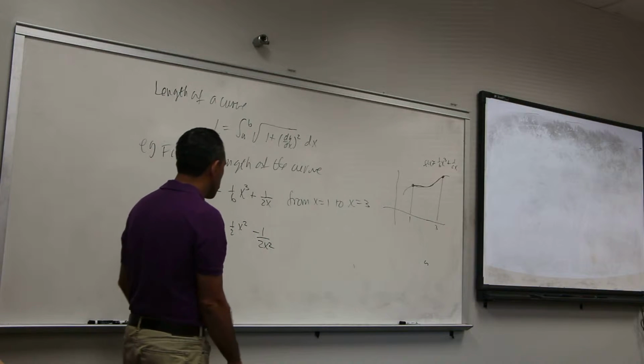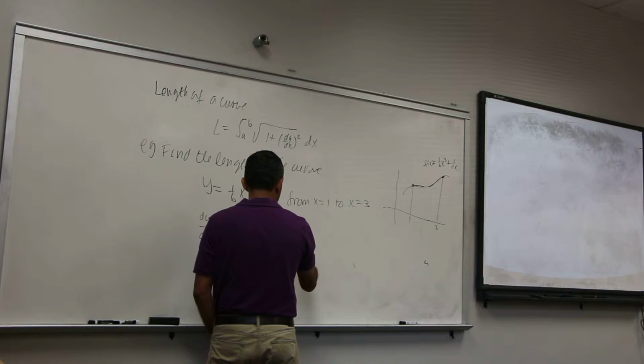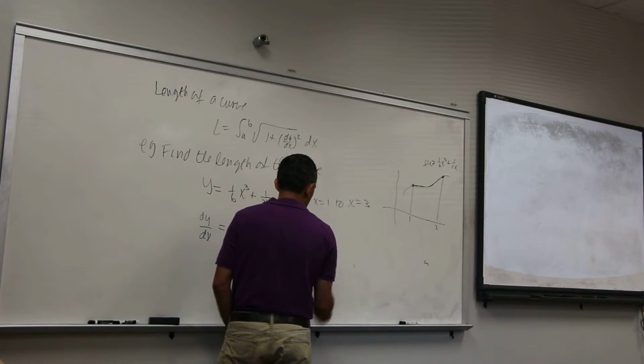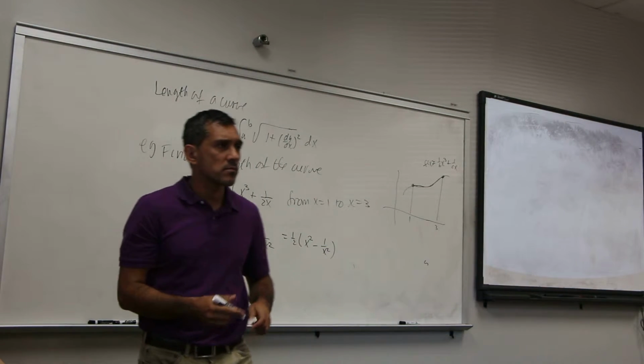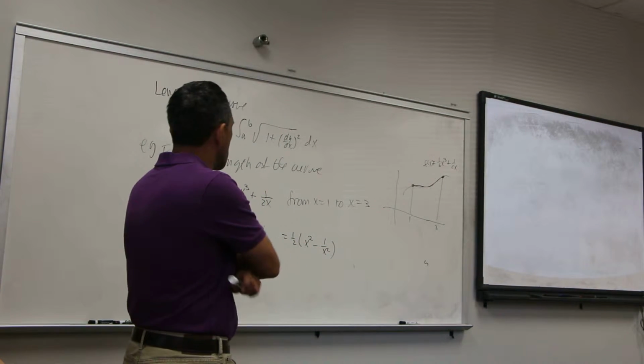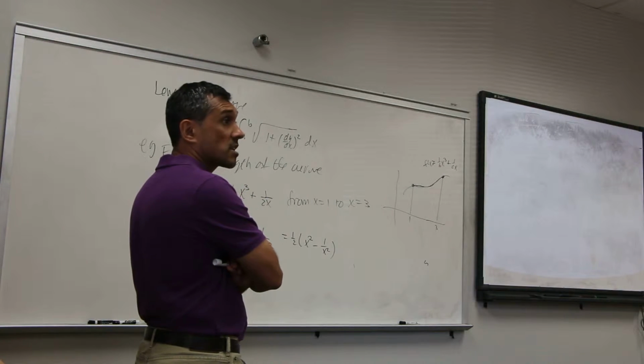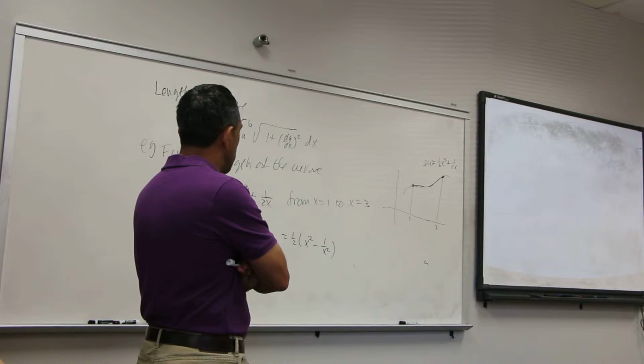I'll take out the 1/2. So now I have to square this, add 1, and then take the square root. And integrate from 1 to 3.